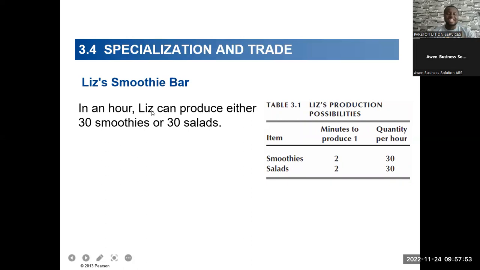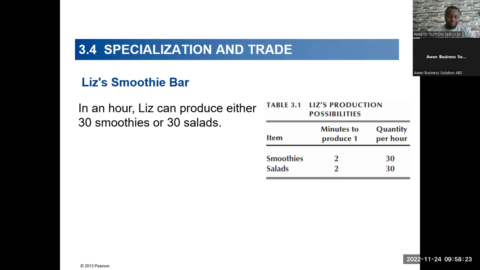If in an hour we can produce 30 units, it means we need 2 minutes to produce one unit of smoothie. So the 1 hour will be able to produce 30 units. Then if it's for salads too, we are using 1 hour to produce 30 units of salads, which means that we need 2 minutes to produce each unit of salad.